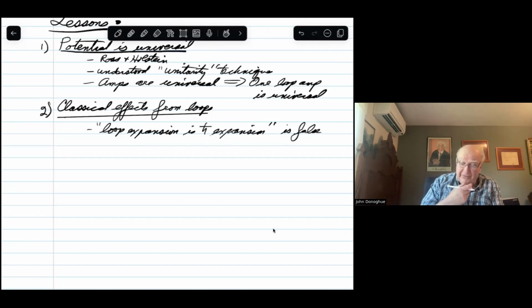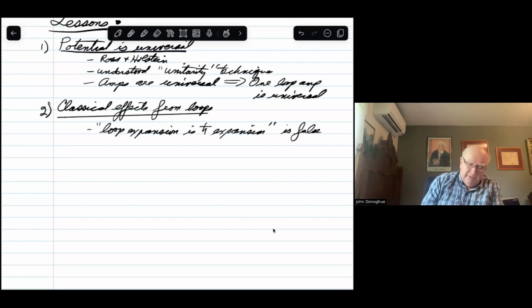You do get H-bar effects at one loop. We did, but you also get classical effects. And the reason that this folk theorem is not a real theorem is that in proving the folk theorem, you're hiding some hidden factors of H bar.